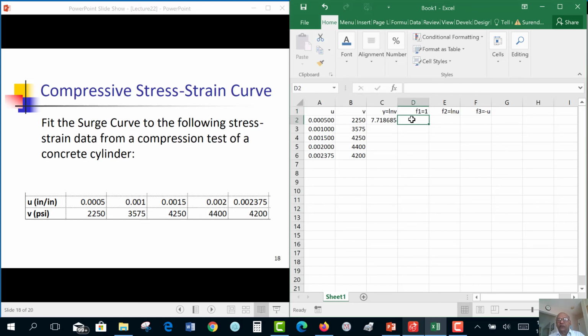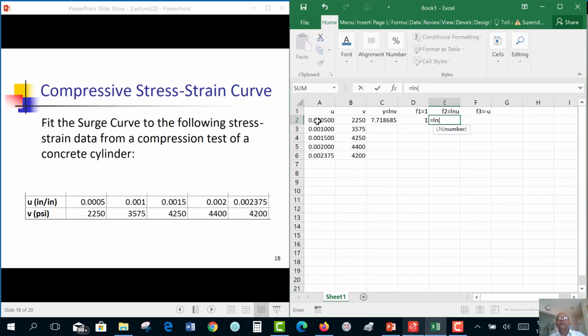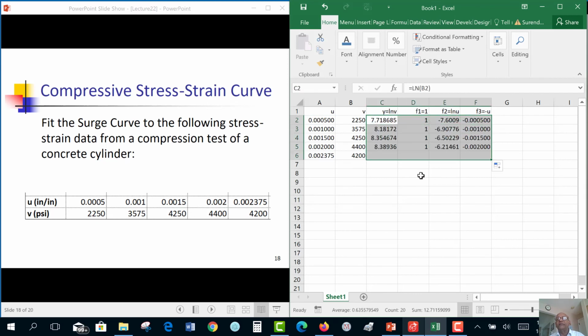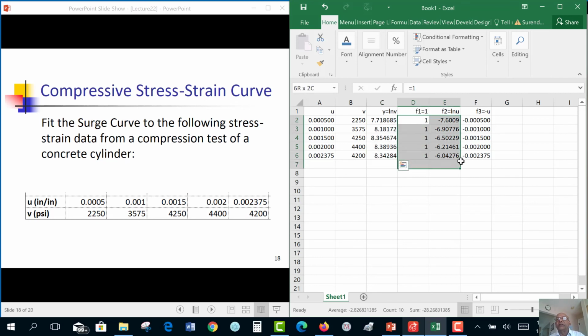All right, so let's do equal to 1, equal to log of u, equal to minus u. Okay, take all these formulas, copy them down. And this is our y matrix, so let's name it y matrix. This is our f matrix. Let's name it f matrix.